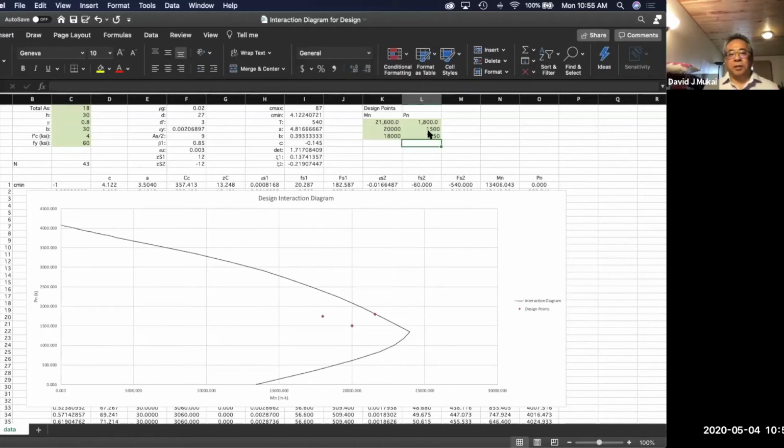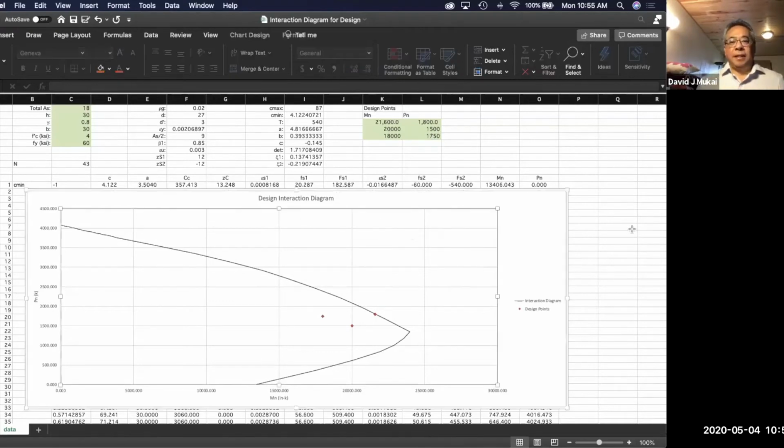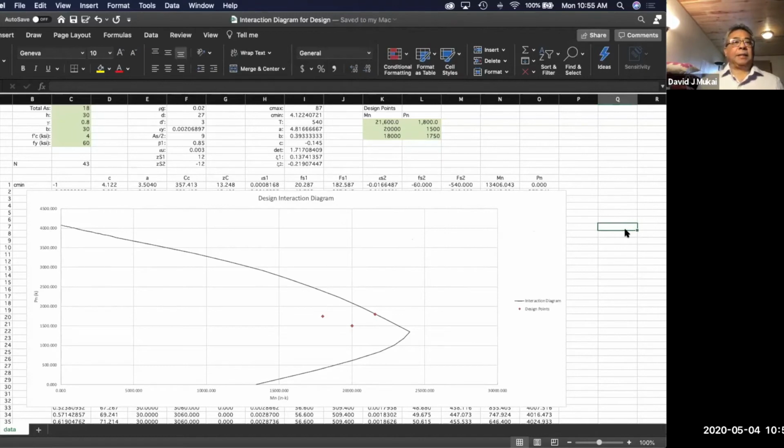And just make sure all the dots are inside, and then that was it. That's all you would have to do. The hardest part of this is actually getting the moment for the columns, because you have to do a structural analysis. Okay, but there you go. That's how to use this spreadsheet. And it's pretty handy.